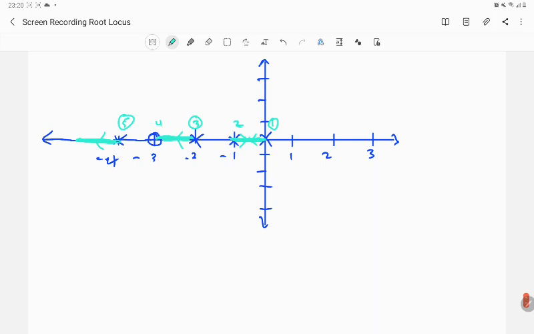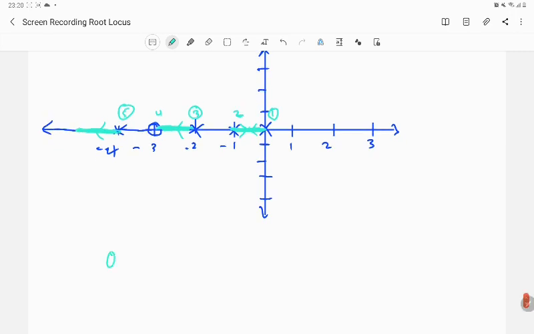Now where will the centroid be? So now I can compute my centroid. Okay, and that is summation of poles minus summation of zeros, all over number of poles minus number of zeros.